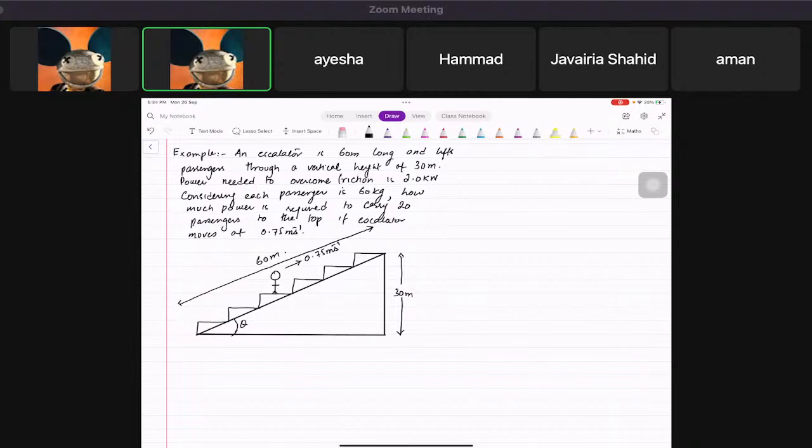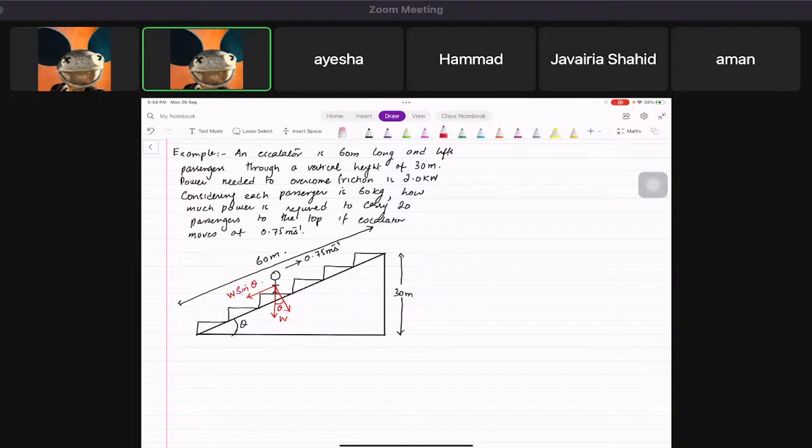Now, what you're going to do is, first of all, the weight of these 60 people is going to act downwards. Which means one component of the weight, because it is a slope, is going to be down the slope, and one component is going to be the perpendicular one, and this is theta. Which means this component is W sine theta.